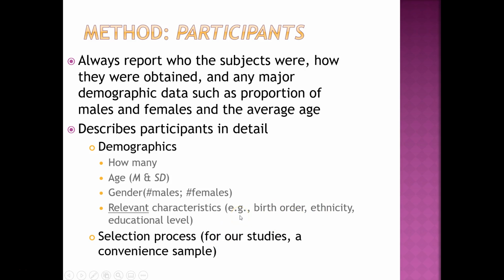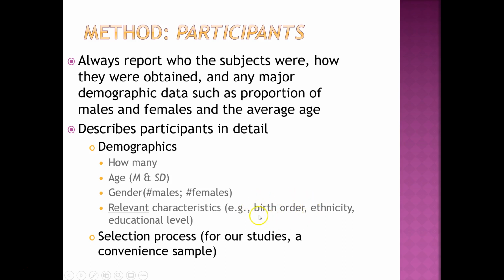Maybe you're doing a study on political opinions, and so maybe you're interested in what kinds of demographic information might be important to understanding people's political opinions. Birth order, we think birth order is really important when we talk about development of personality.